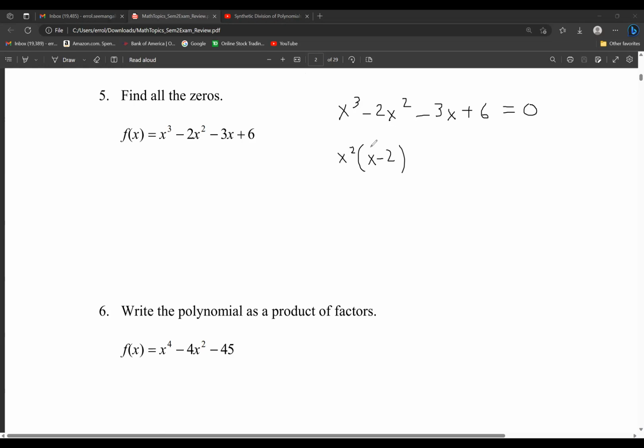We're just taking out the greatest common factor. Now, out of these two, what's the greatest common factor? Three. What's on the inside? x minus 2. If you distribute the 3, you'd be back at this.